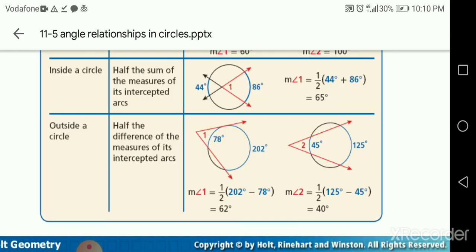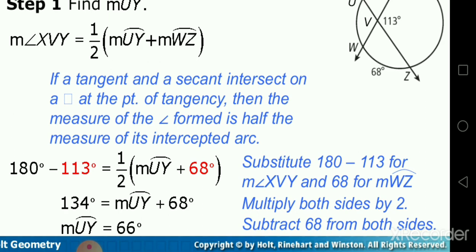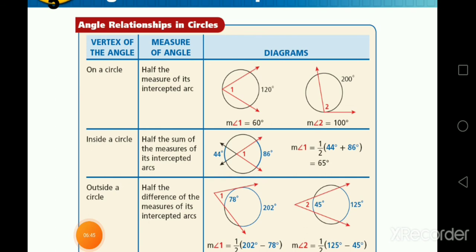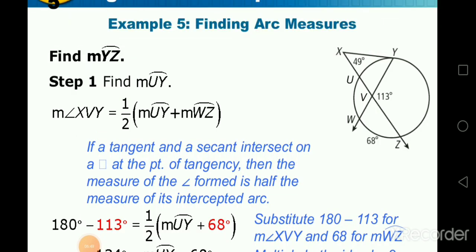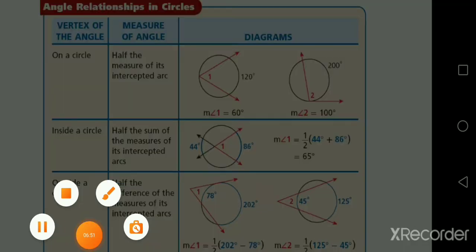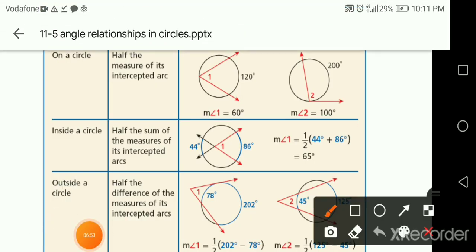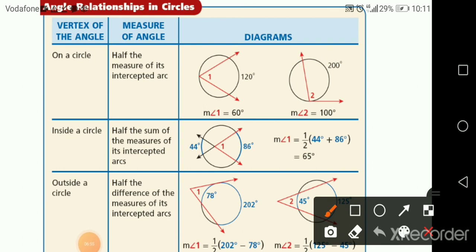Okay, let's have another theorem. I have here the summary of the angle relationships. If the vertex of the angle is on the circle, it will be half of the intercepted arc.